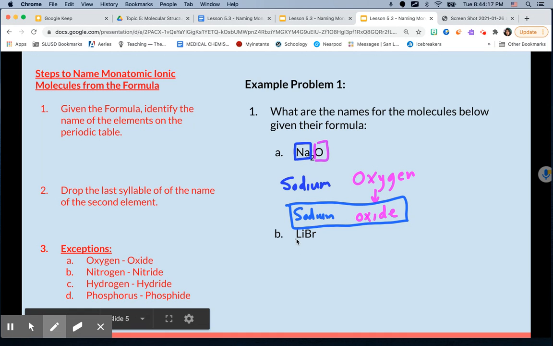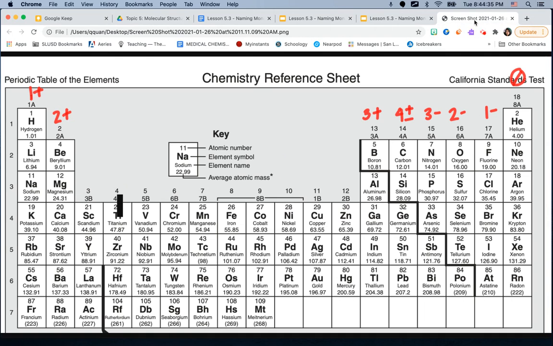What about this next one? Here I have LiBr. L is capitalized, i is lowercase, so these two go together. This element over here, B is capitalized, r is lowercase, so Br is one element together. If I look up Li, Li is over here.